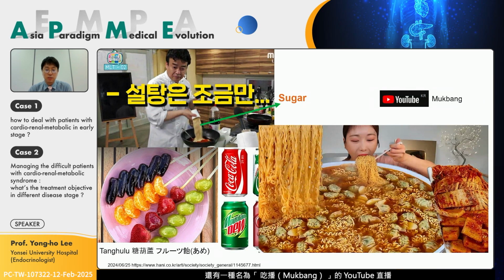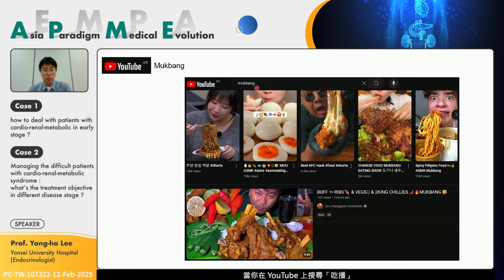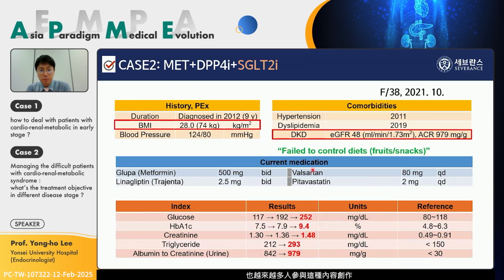And there is also mukbang on YouTube, which is really popular and famous in Korea as well as all over the world. When you search mukbang on YouTube, many other countries, including East Asian countries, are making a lot of mukbang to increase their viewer numbers.